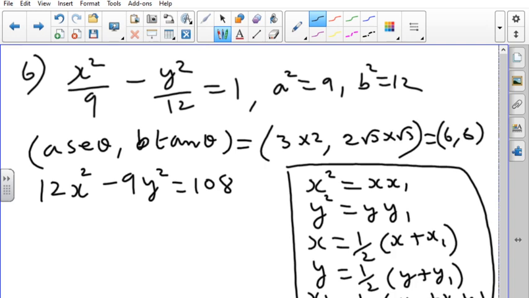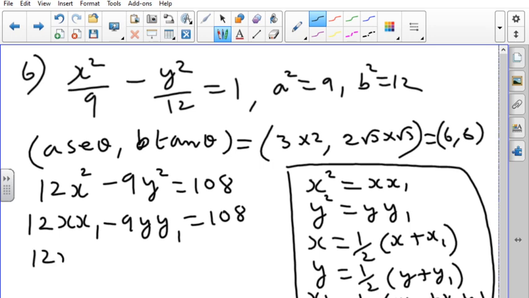So here substitute for x square, x x1. So 12 x x1 minus 9 y y1 is equal to 108. Now what is x1, y1? It is 6 comma 6. So we substitute 6: 12 x into 6 minus 9 y into 6 is equal to 108.